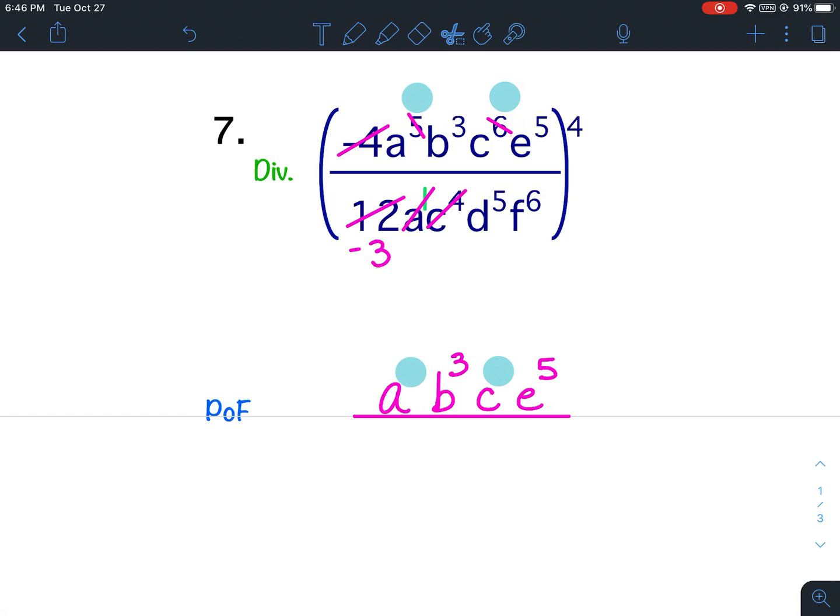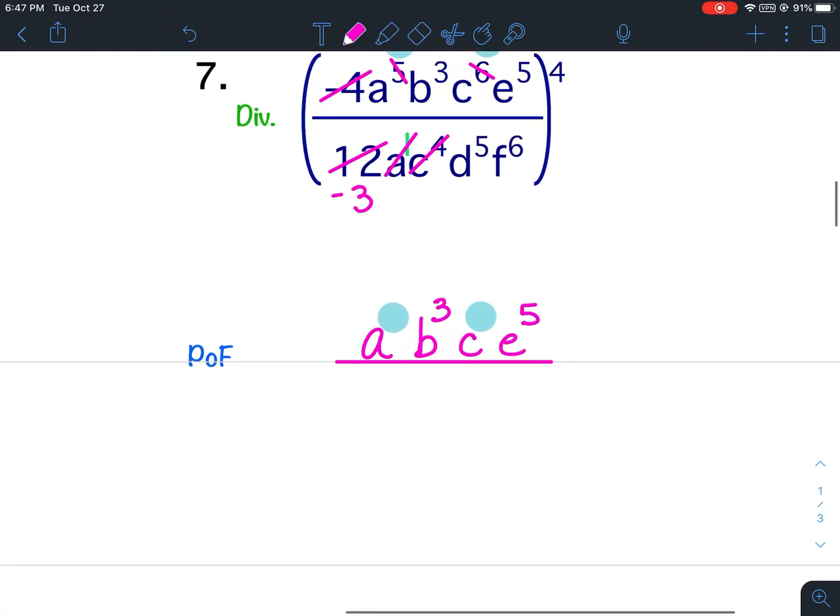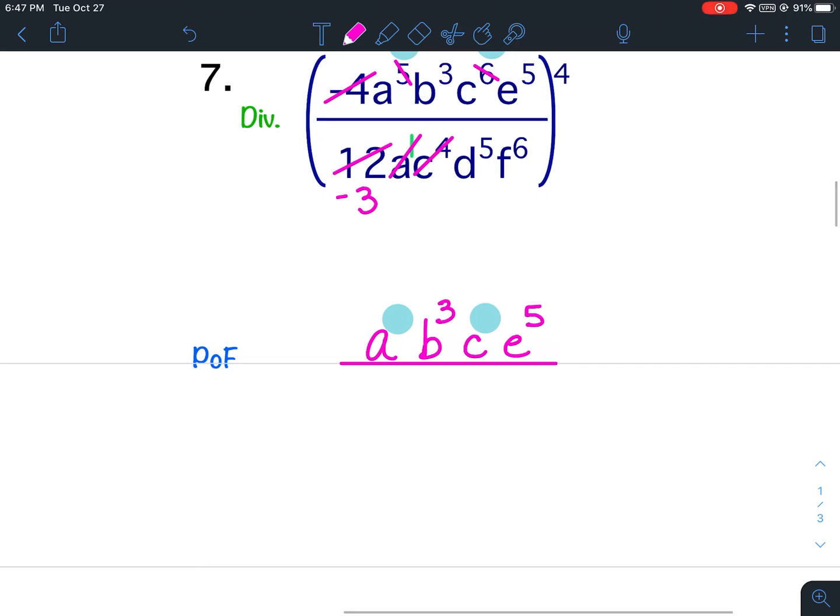Okay, so again, you had to find what the exponent for the A and the C are, and we know that it's B to the 3rd and E to the 5th. On the bottom, whatever is in the denominator will stay in the denominator. So in the denominator, I have a -3, I have D to the 5th, and F to the 6th.